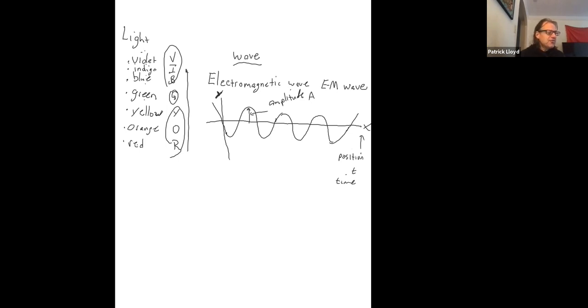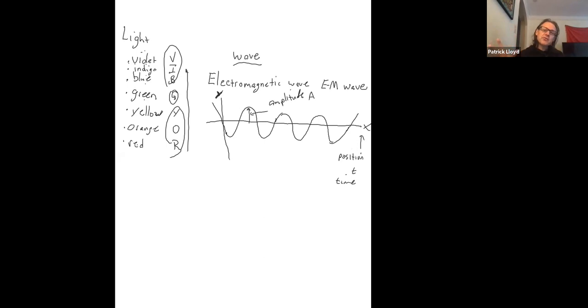Okay. So it might be useful to think of these electromagnetic waves in the following way. They're moving through space, okay? So think about it. The sun is emitting light. That light is flying through space, and there's no air, right?